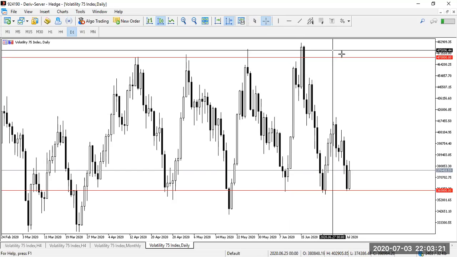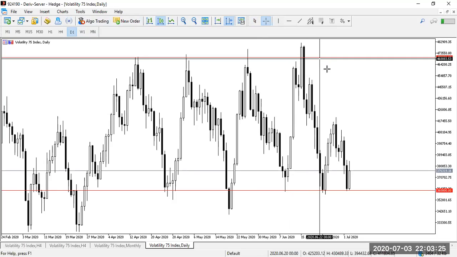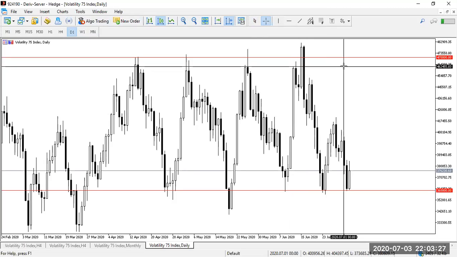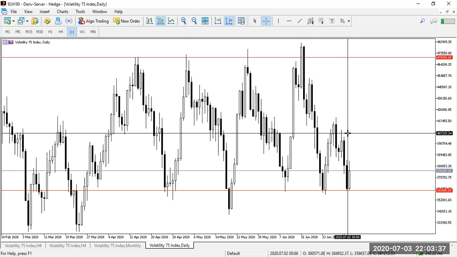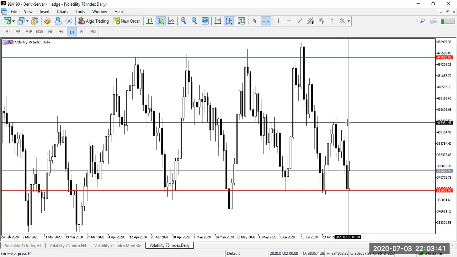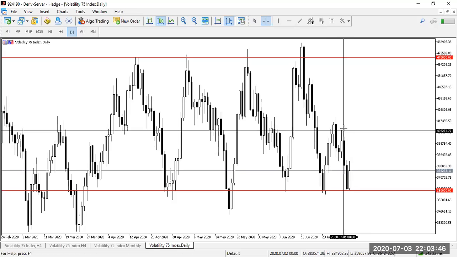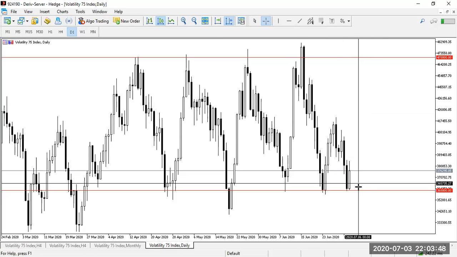So the way they close, for example, the first of this was the 30th of June here, bullish. It was a pullback. So you had this zone and this one holding price, and then you have this gap below.